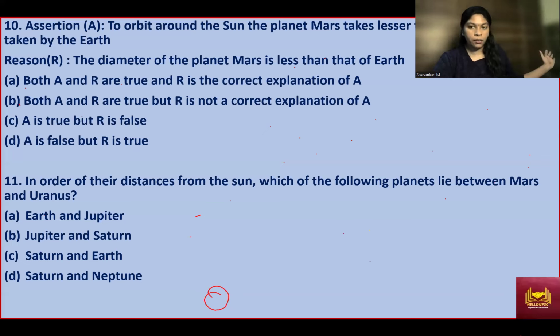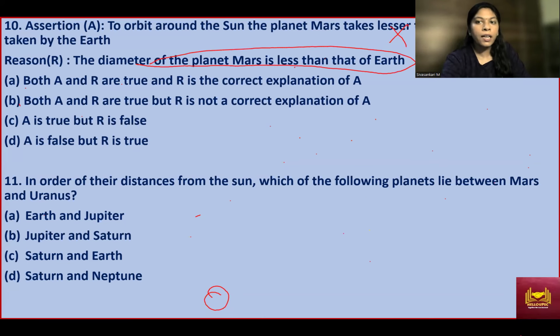You have to go to the map, the diagram, which we have seen. No. So this is wrong. But the diameter of the planet Mars is less than that of Earth, because Mars takes 685 days something to go around the sun. And the diameter of planet Mars is less than Earth. That is right. Okay. So that means R is true. A is false, R is true, D is right option.